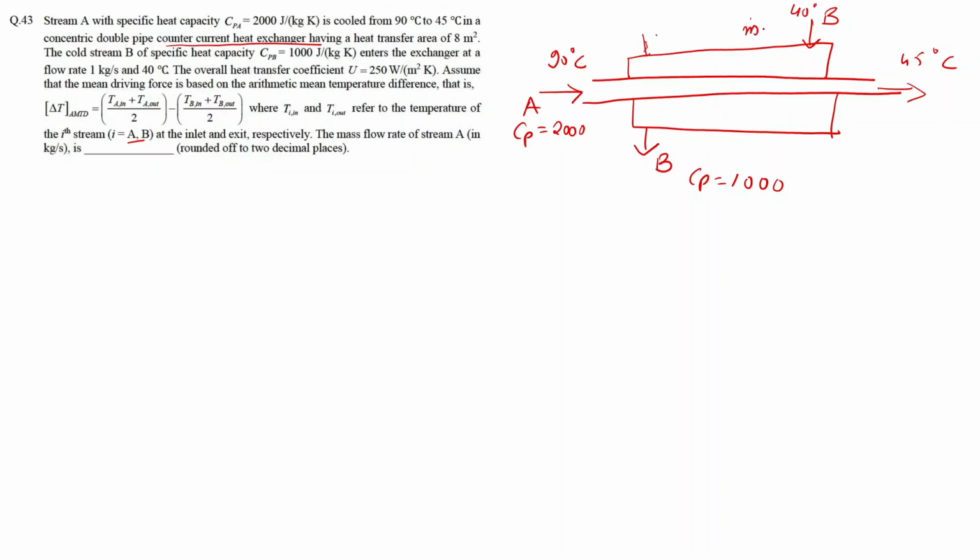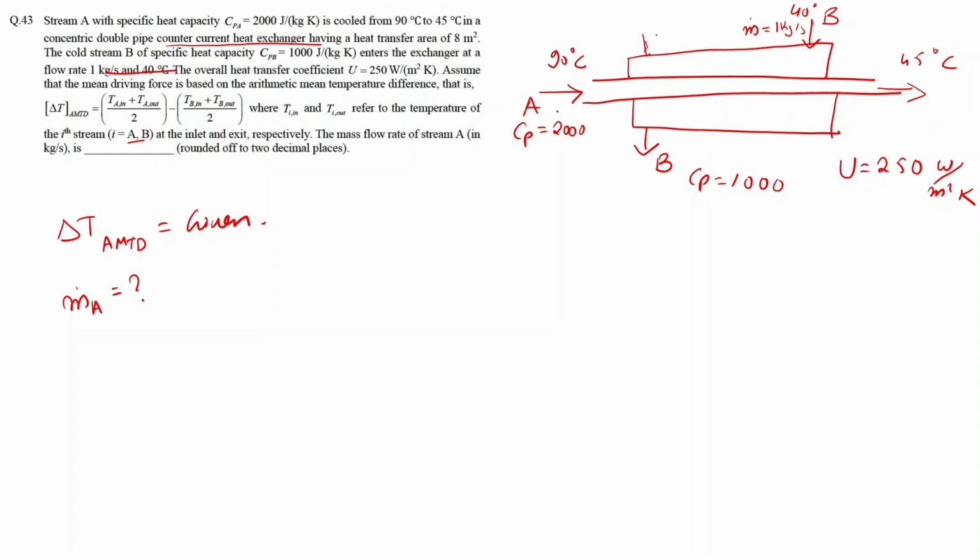And mass flow rate we have been given as 1 kg per second. So the overall heat transfer coefficient U is 250 watt per meter square Kelvin, and we have been given delta T AMTD, the arithmetic mean temperature difference, and the mass flow rate of A is what we have to find.